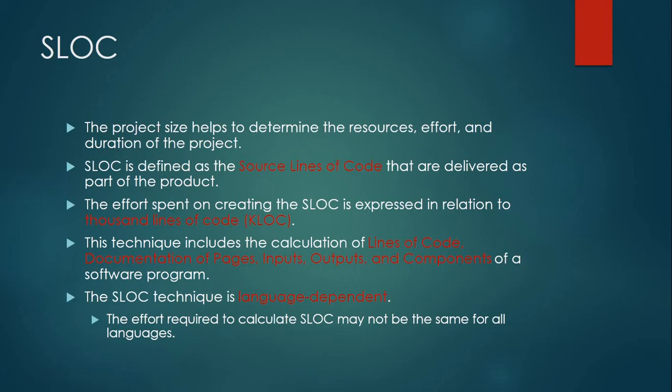So it will be in the manner of KLOC. KLOC means kilo line of code. Means if our project's code is of 14,000 lines, then our KLOC will be 14 KLOC, means 14 kilo line of code.